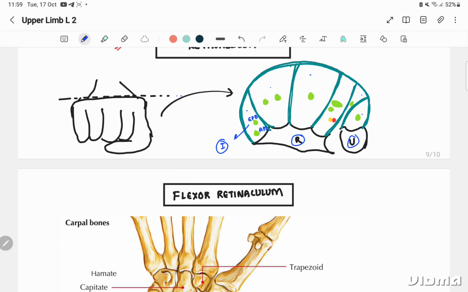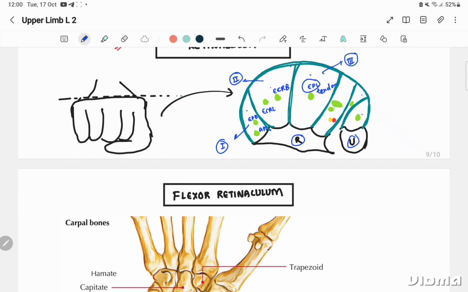Okay, the cross section of EPB and APL tendons. Then in the second compartment we have the ECRL tendon and the ECRB tendon. In the third compartment we have the extensor pollicis longus tendon. This is in the third compartment.